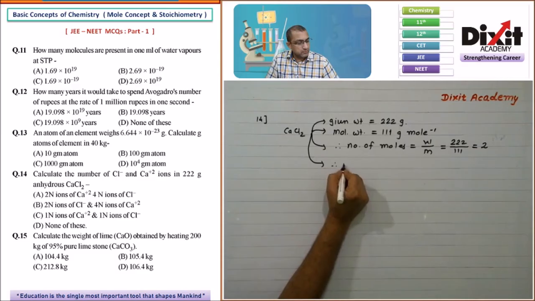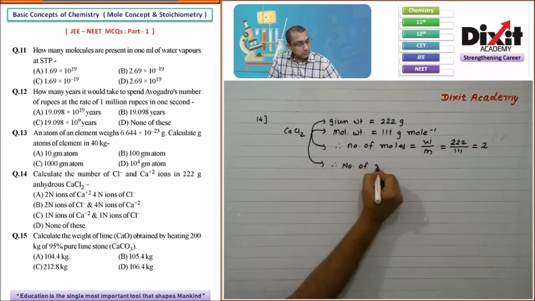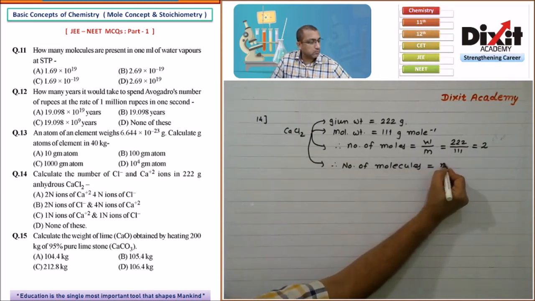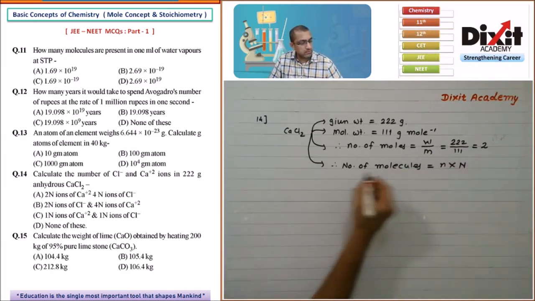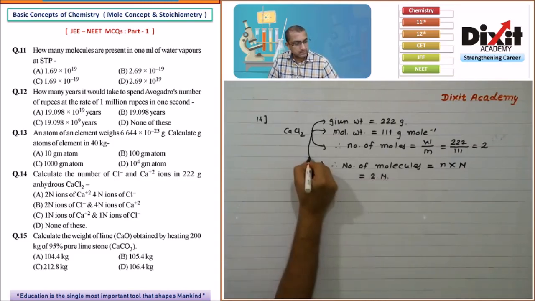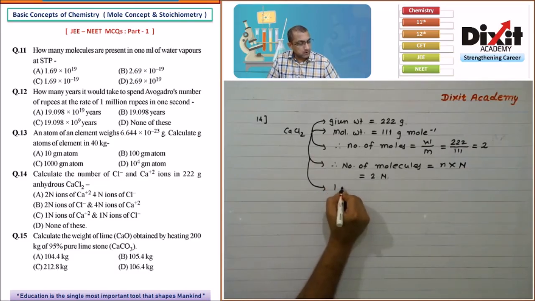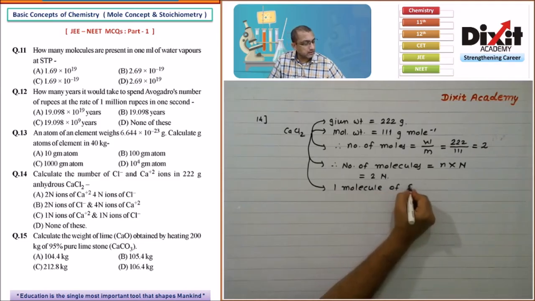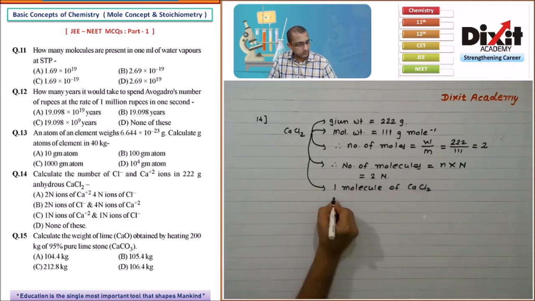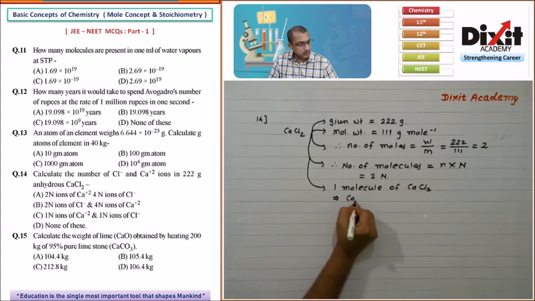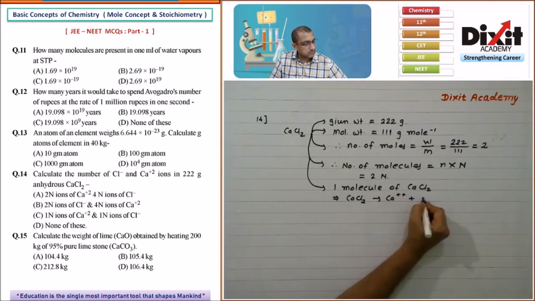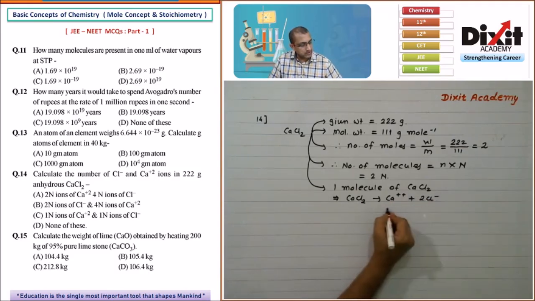Now number of molecules is equal to number of moles into Avogadro number, that is equal to 2n. One molecule of calcium chloride contains one atom of Ca2+ and 2 atoms of Cl-.